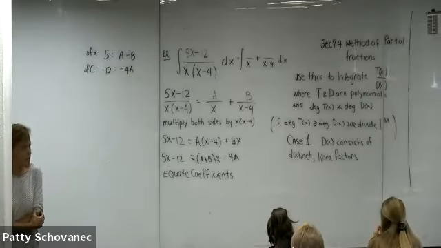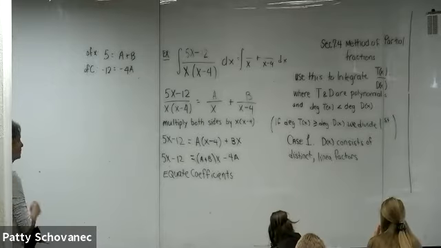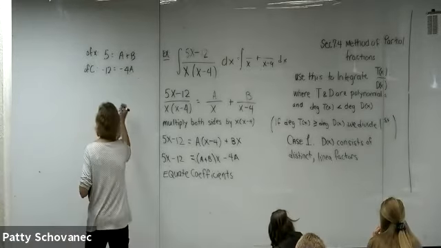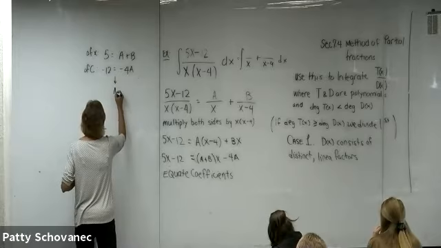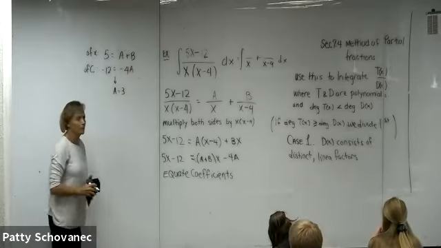And from the two equations and two unknowns, we can go ahead and start solving for a and b. The second equation tells us that a has to be 3. Put that in where the a is here.